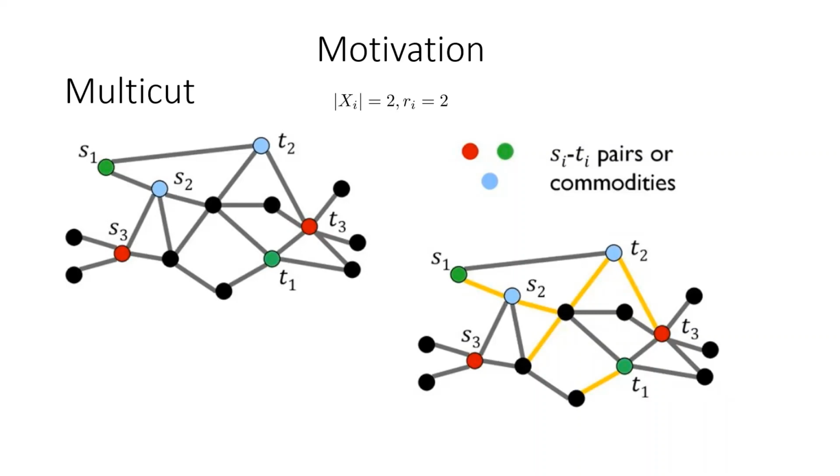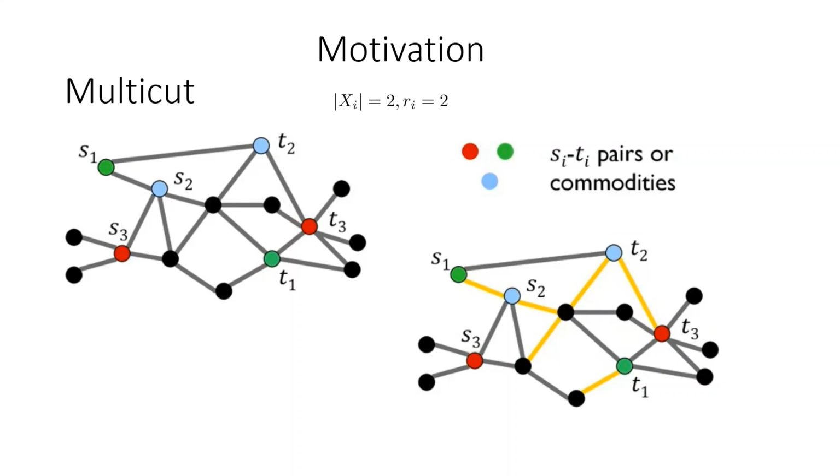The main reason this problem is interesting to research is that it generalizes a lot of different classic cut problems. For example, we have here the multi-cut problem, in which we receive a graph and k pairs, and our goal is to separate those pairs by removing edges from the graph with the minimum cost.